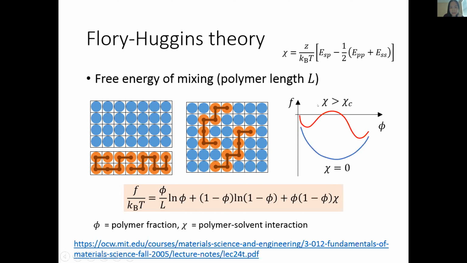When we increase the interaction, which means we increase the polymer-polymer interaction, making polymer like polymer and solvent like solvent and making polymer and solvent not like each other, then we increase chi. And when the interaction parameter chi is above a certain threshold, the free energy will have a regime which becomes convex. So what does this convex part mean?